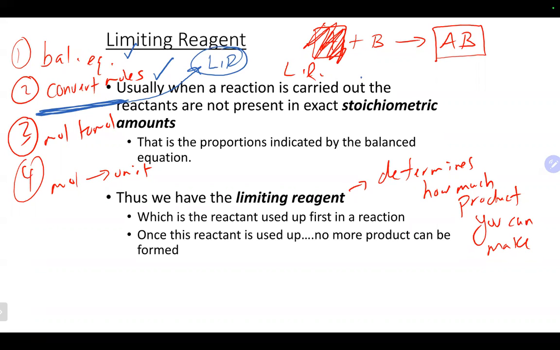Once you're able to make that determination, you can pick up the rest of the steps just like normal, using the limiting reagent to do the mole to mole relationship, and then figure out how much product you produce in whatever units you're looking for. Any questions on that so far? Okay.